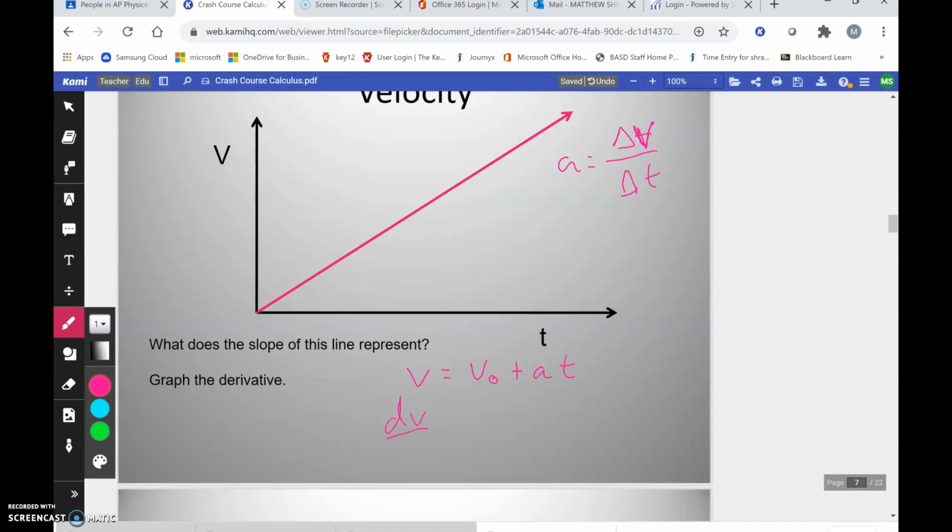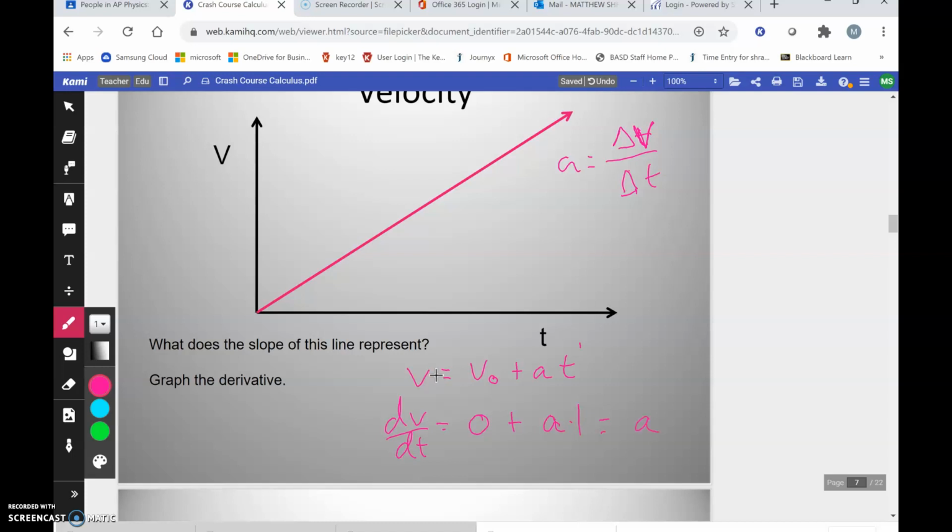If I take the derivative of that velocity with respect to time, we get the derivative of a constant, which is 0, plus at, remember t has an exponent of 1. 1 times a is a, and then take 1 away from that exponent, it becomes t to the 0, which is 1, and you end up with a.